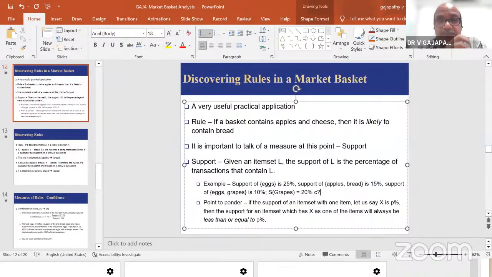Out of 100 transactions, eggs and grapes are purchased together in 10 transactions. Then support of eggs and grapes is 10%.